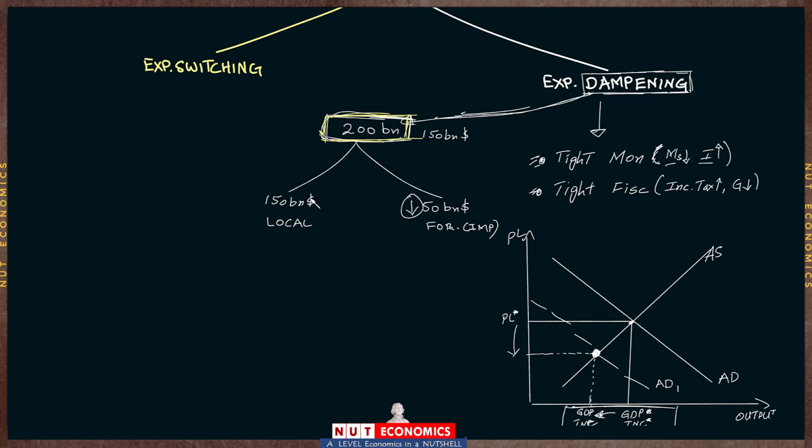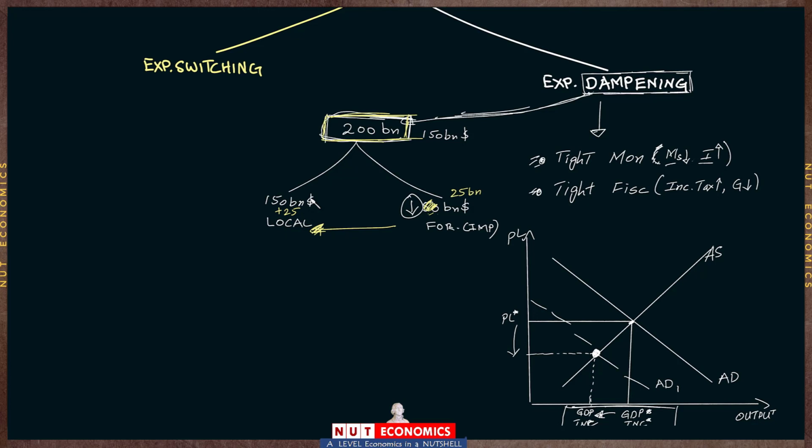So keep on spending the same $200 billion, but through these switching policies, governments try to convince the people to, instead of spending on imports, start spending on local products. So यहाँ पे जो 50 billion imports पे लग रहा है, expenditure switching policies would try that maybe only 25 is spent on imports and the other 25 shifts toward local products.